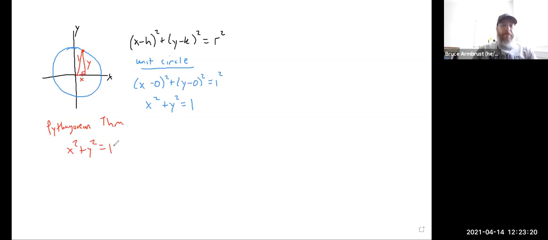I do this for a couple of reasons. First, check this out. This triangle has the same relationship as this circle. So mathematically, algebraically, circles and triangles are really the same thing.